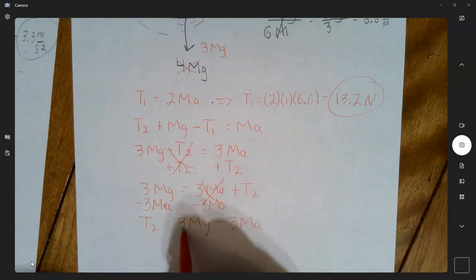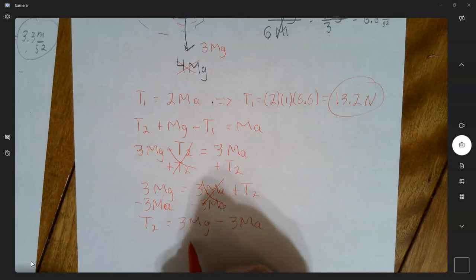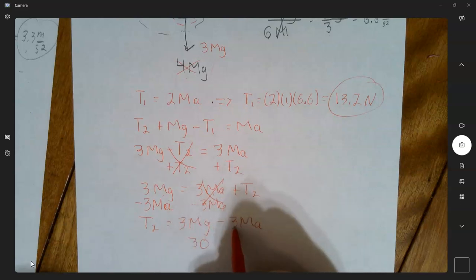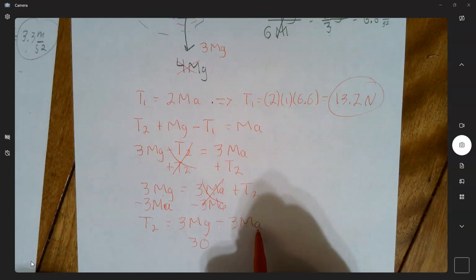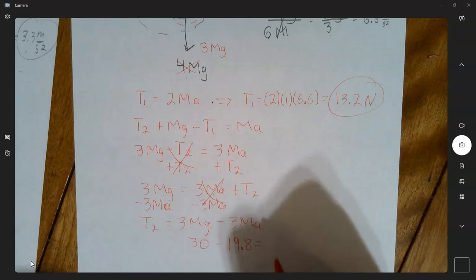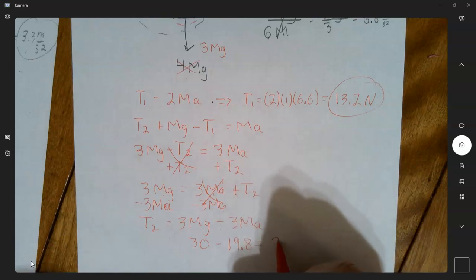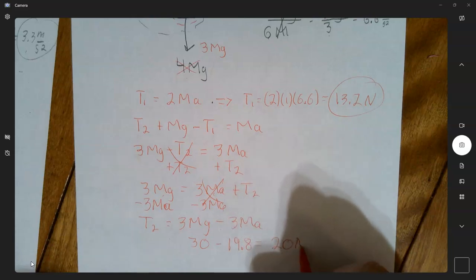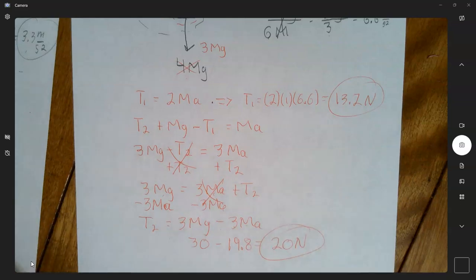So plug in numbers. 3 times 1 times 10 is 30. 3 times 1 times 6.6 is going to be 19.8. Subtract those two and you get roughly 20. So 20 newtons there. And that's that.